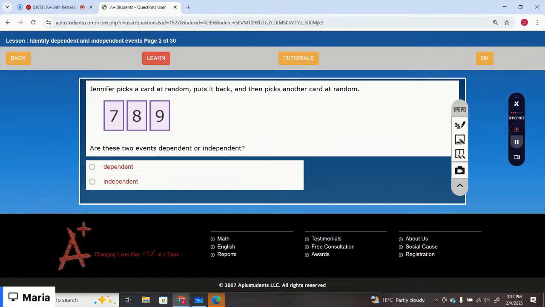Jennifer picks a card at random, puts it back, and then picks another card at random. Are these two events dependent or independent events?